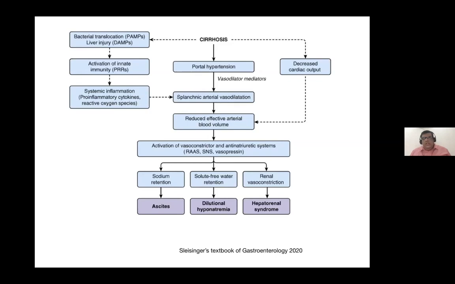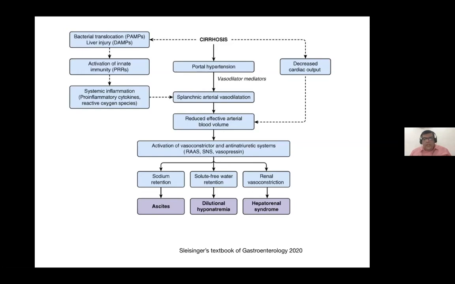The endothelial dysfunction directly also contributes to the splanchnic arterial vasodilatation. Although there is an increase in the absolute cardiac output, this is still relatively lesser than what is required by the body because of the vasodilatation, and this gives rise to reduced effective arterial blood volume.